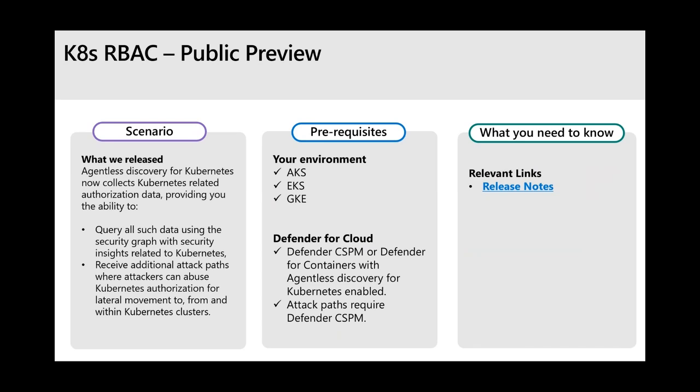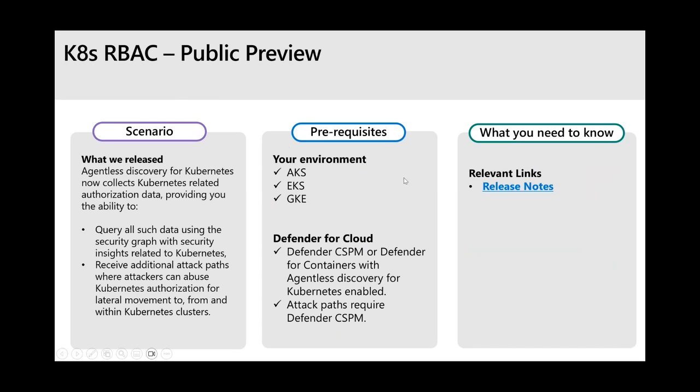And the key thing here is that unlike the cloud identity and access information, the Kubernetes identity and access information is not really easily accessible to security practitioners. But now through these updates that we've added, they can use capabilities such as the Cloud Security Explorer to get all the information they need for their estate.